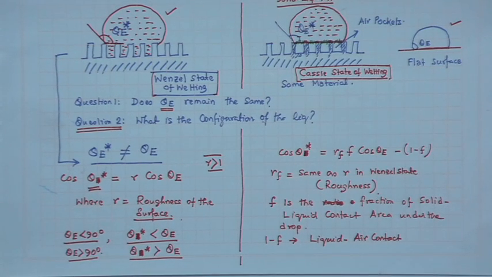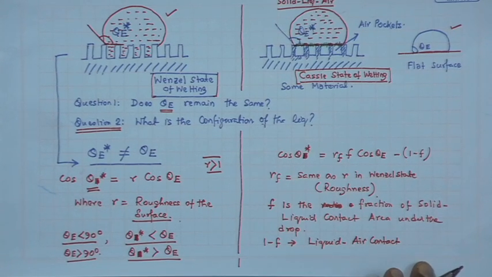Now, how can one do that? In fact, one can show, or I will show it, that if you increase the value of roughness, it is possible to have a transition from Wenzel state to Cassie state. What are the advantages? I am coming into it, but when does a transition happen?